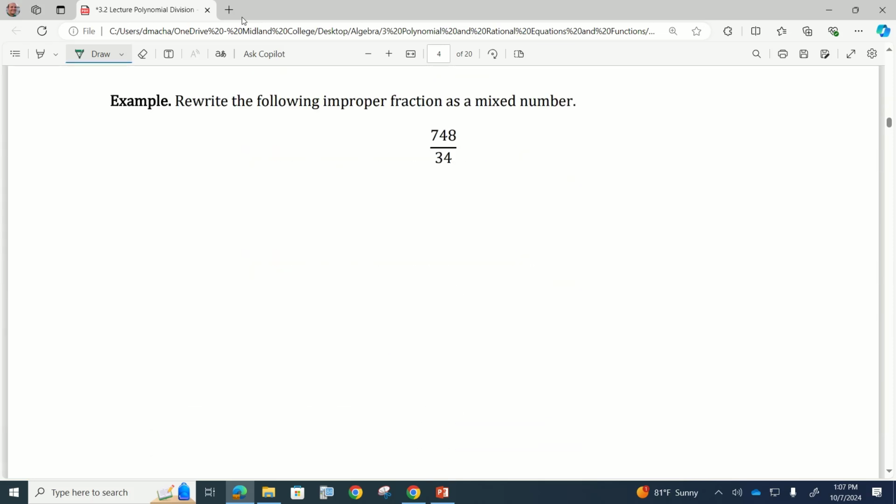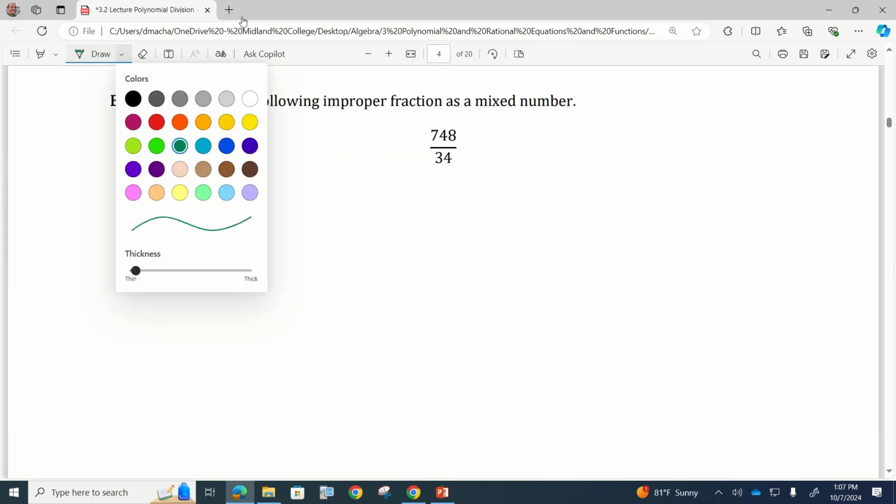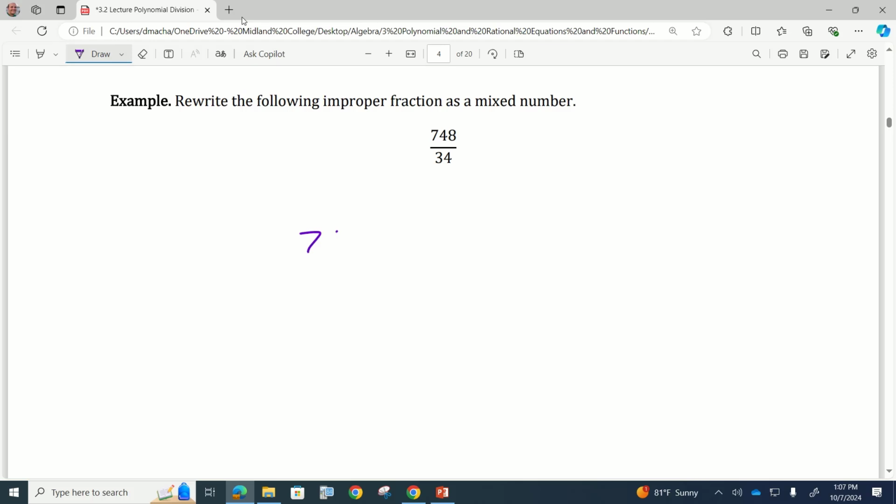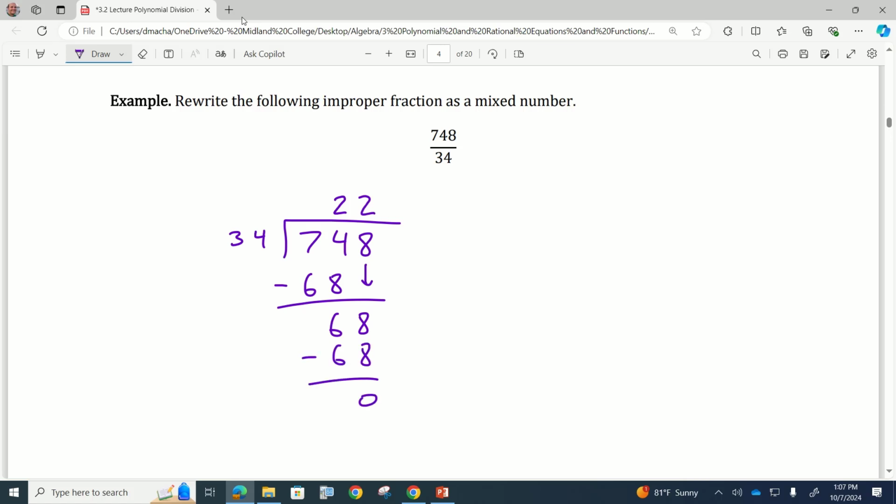Okay, one more, and then we'll move on to other stuff. So if I wanted to divide 748 divided by 34, how many times does 34 go into 74? 2 times. And 2 times 34 is 68. 74 minus 68 is 6. Bring down the 8. And then, of course, once again, 2 times 34 is 68. And so this time my remainder is 0.